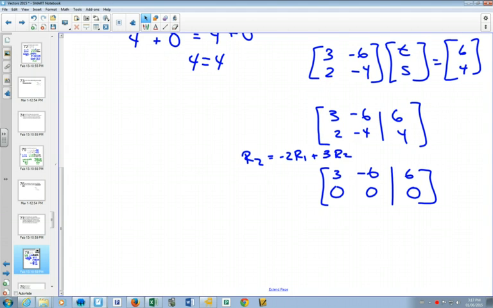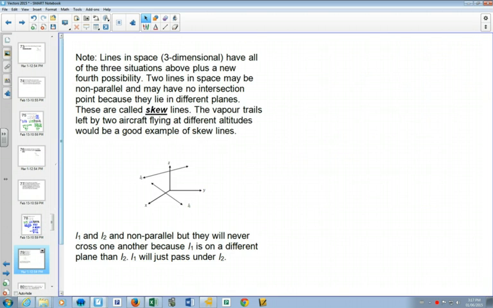So those are all ones that we've seen before in 2 dimensions. Now in 3 dimensions, you can get 2 lines that aren't parallel, but still don't intersect. And those are called skew lines.